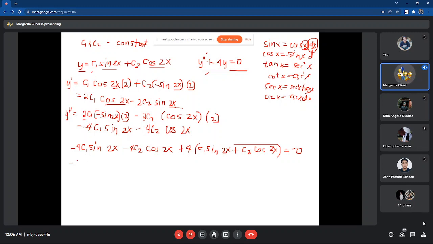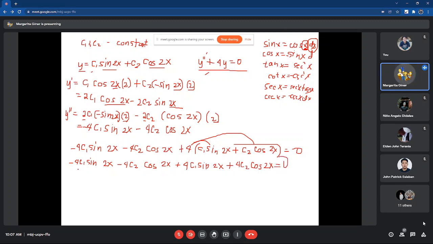So if we apply the distributive property, we have 4 C1 sine 2x minus 4 C2 cosine 2x, plus 4 C1 sine 2x plus 4 C2 cosine 2x is equal to 0.